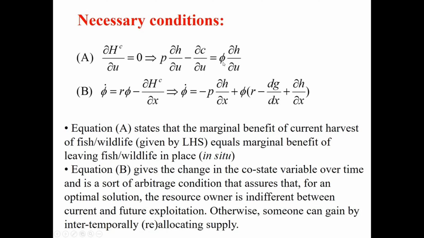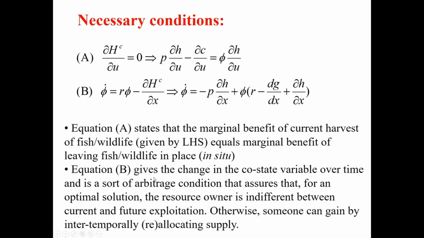The right-hand side gives us the marginal benefit of keeping those fish, if you like, in the ocean, and they have a value at some future period, and that value is given by lambda. And lambda, or phi rather, is a discounted shadow value. So if we leave the fish in place, this is the value of doing so, the right-hand side.